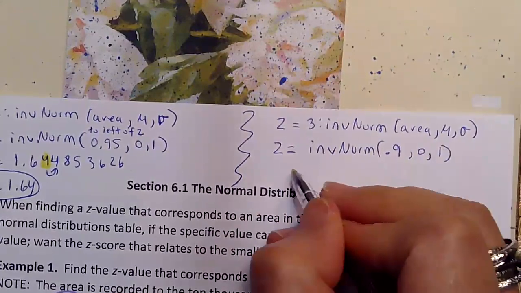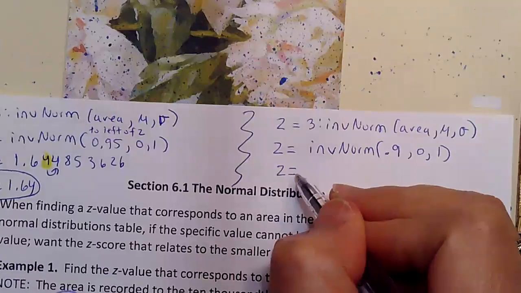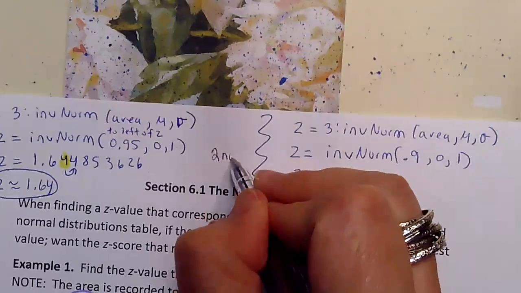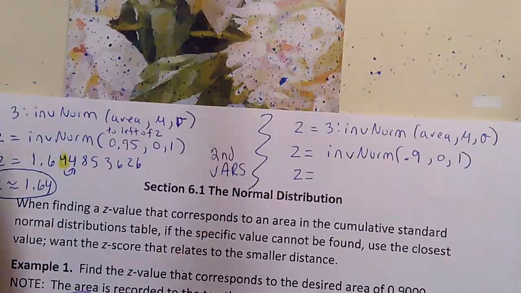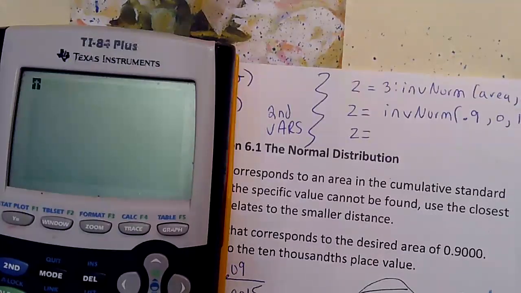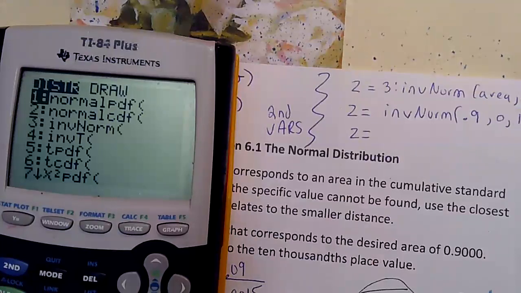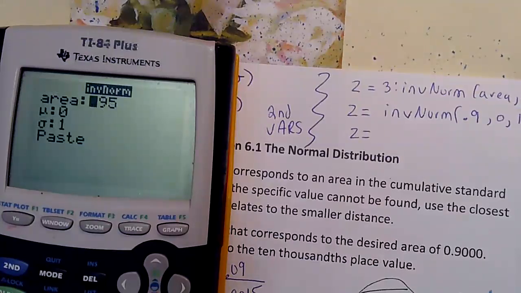So that I will write. And then when you're using your calculator, it's the second vars, number 3, 0.9, 0, and 1.